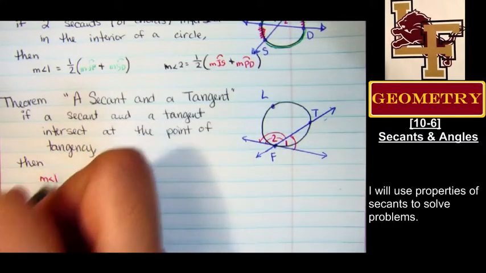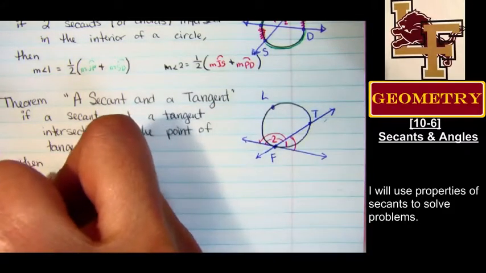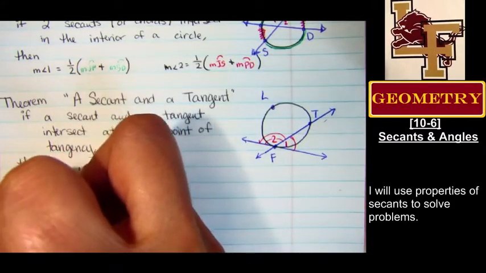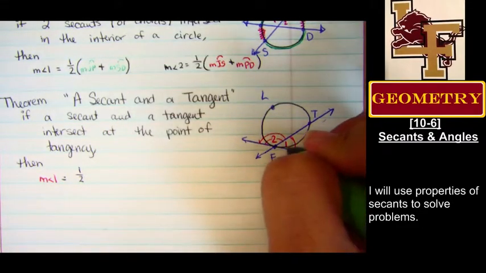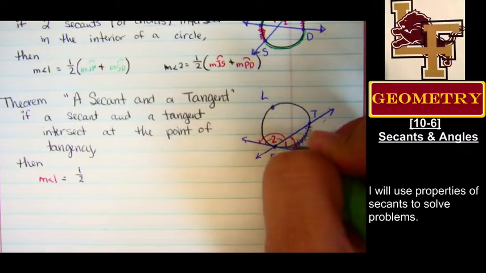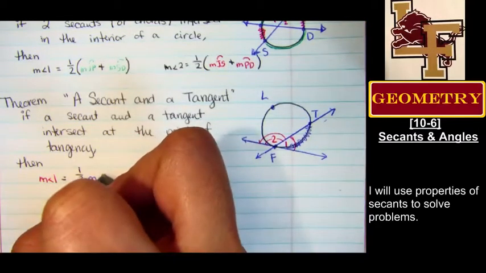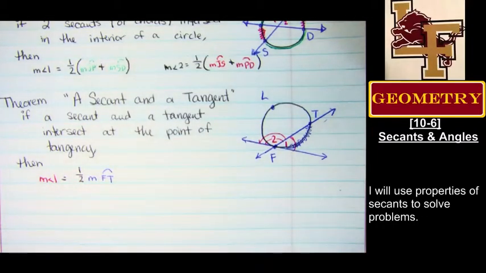The measure of angle 1 is going to equal 1/2 times the measure of this arc right here. So it's half of the measure of the arc that particular secant tangent angle cut.